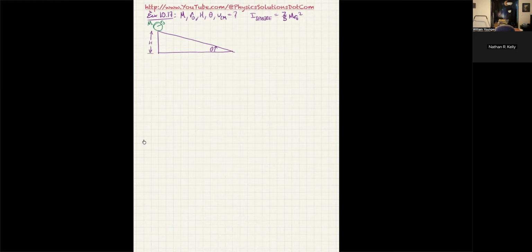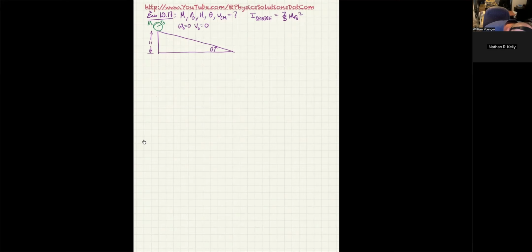We are, of course, told that omega 0 is equal to 0 and v0 is equal to 0. We're also told that it's a uniform solid sphere, and the moment of inertia for a uniform solid sphere is 2/5 m r0 squared. I just happen to know that from deriving it a billion times.